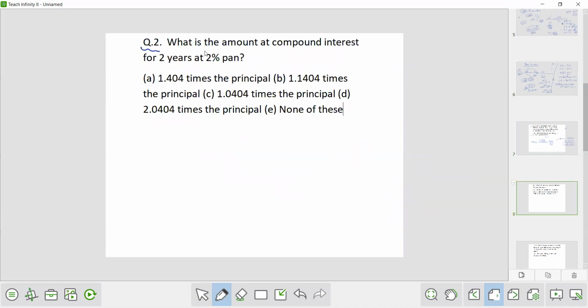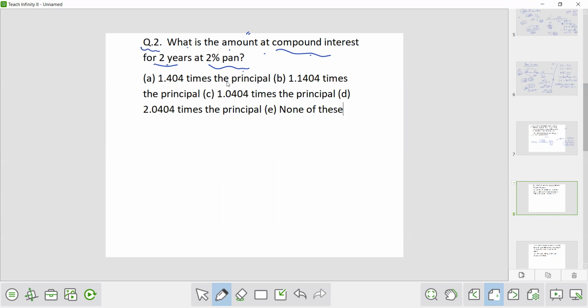Now the next question. What is the amount at compound interest for 2 years at 2% per annum? Okay, so you have to find the amount at compound interest for 2 years at 2% per annum. And here the options are 1.404 times the principal.